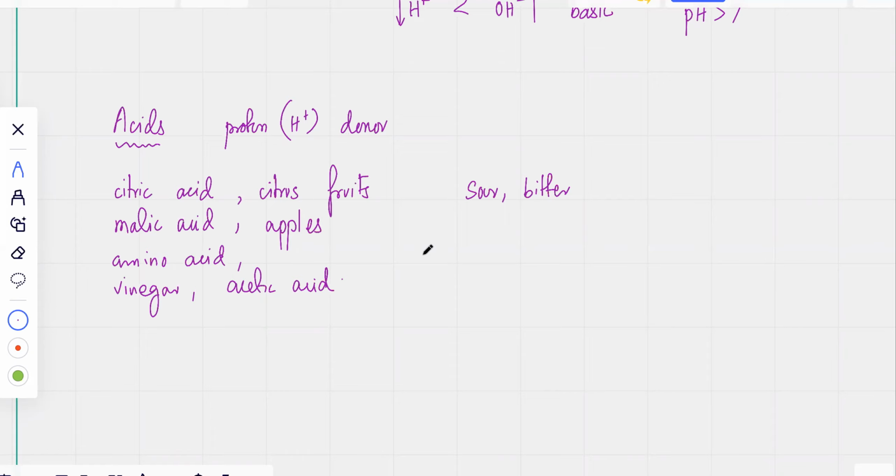Sir, wherever they are kept, they burn it. Okay, so it's very corrosive. So they're very corrosive. And what else? Do you know what happens to litmus paper when you add acid to it? It turns red. So blue litmus paper turns red.